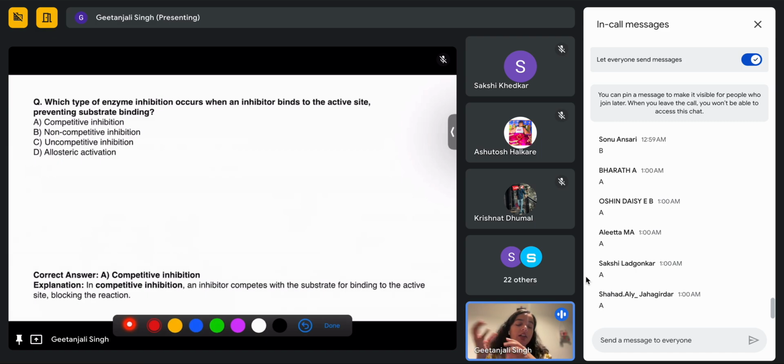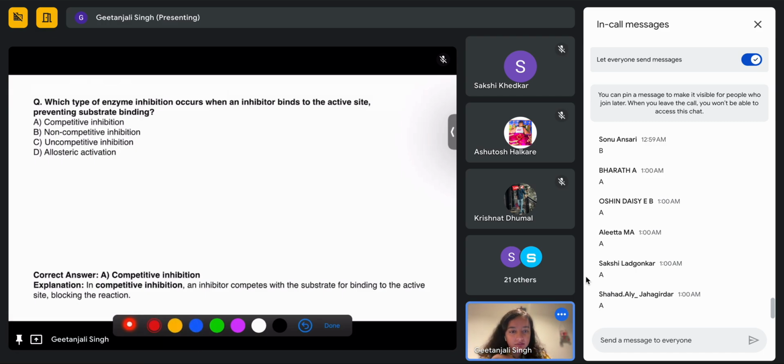And once the substrate does not get to bind, it is unable to catalyze the reaction. The reaction gets inhibited and stops, and that's called competitive inhibition.